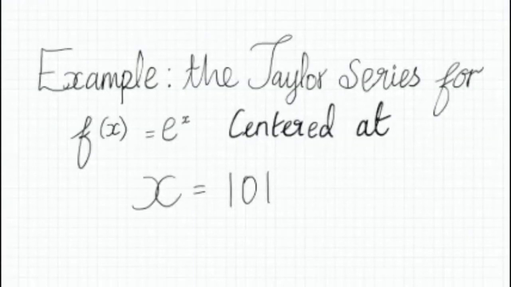Now we're going to work out the example in the notes, which asks us to compute the Taylor series for the function f of x equals e to the x, centered at the point x equals 101. In other words, our alpha is 101. I would encourage you to pause this video and try to work this out on your own, and then check whether your solution matches what I show in the video.